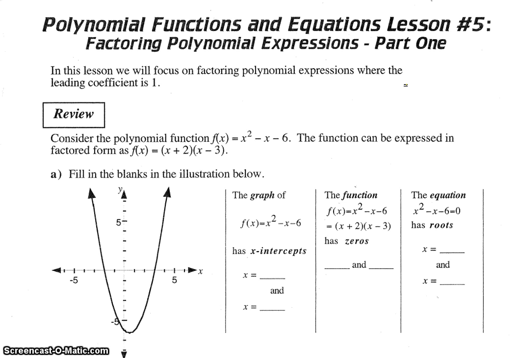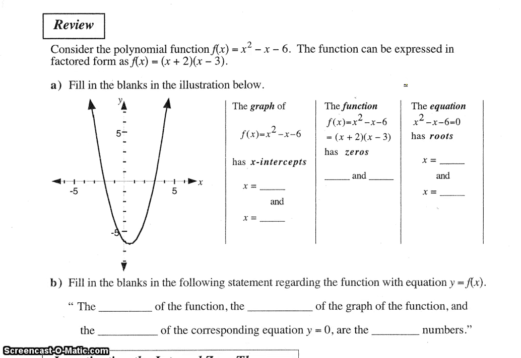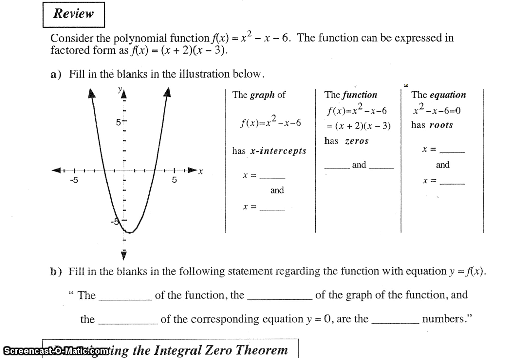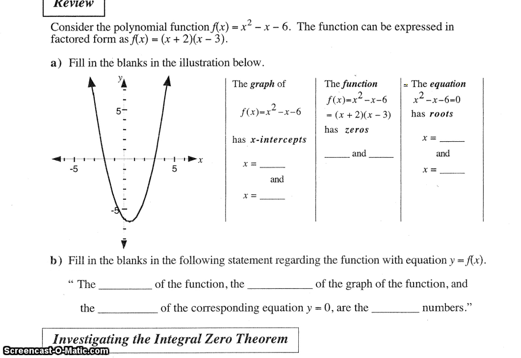First thing we want to look at is basically how these connect to each other. And this would have happened in 20-1. You would have talked about some terminology: x-intercepts, zeros, and roots. So if we have a graph of this function, f of x equals x squared minus x minus 6, the x-intercepts, you'll notice from this graph, are -2 and +3.